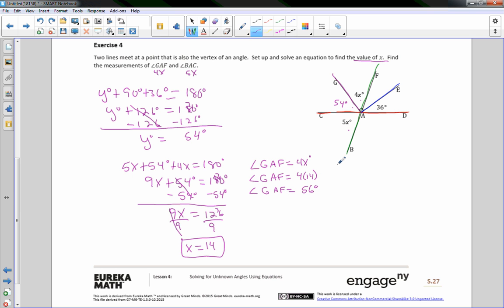Do the same with angle BAC. BAC is 5x. So therefore angle BAC is, with the substitution, 5 times 14. And therefore angle BAC equals 70 degrees. So we've answered all 3 questions. What is x? What's the measure of angle GAF? And what is the measure of angle BAC?